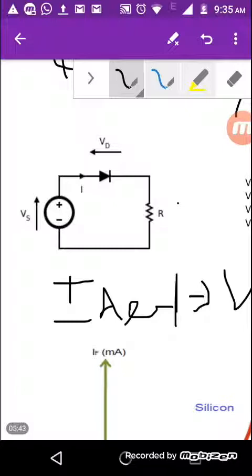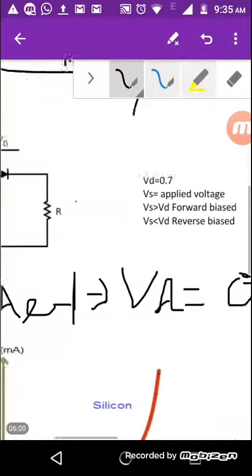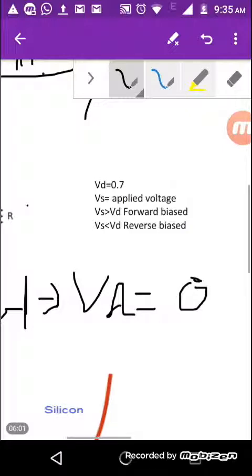When there is a practical diode, it has a depletion region, and as it has a depletion region, it has a depletion voltage, which has to be overcome by Vs. In the case of silicon, Vd is equal to 0.7 volts and Vs is the applied voltage.